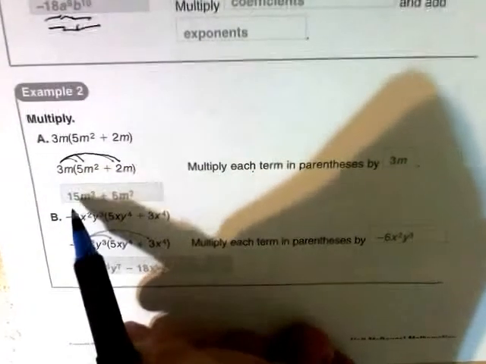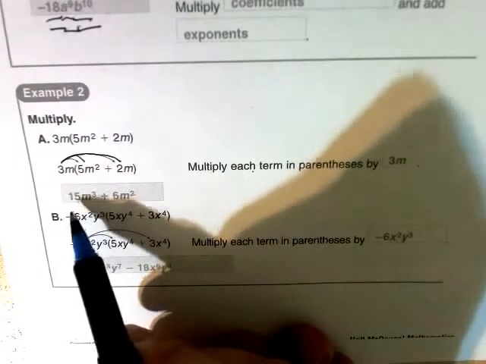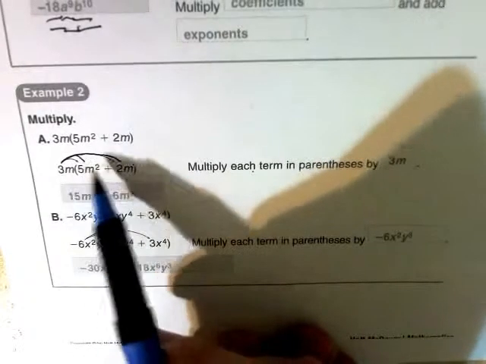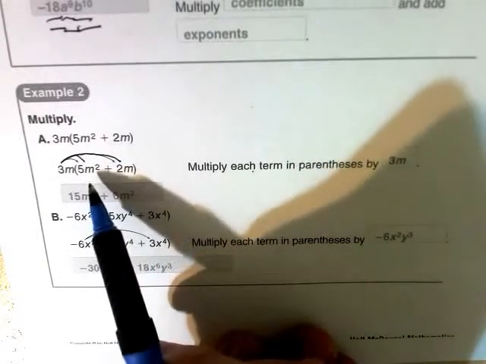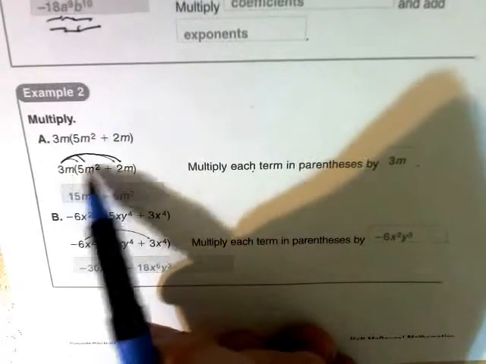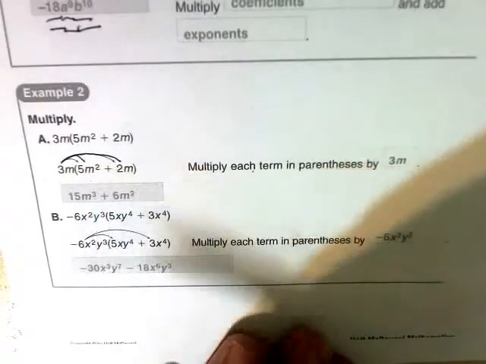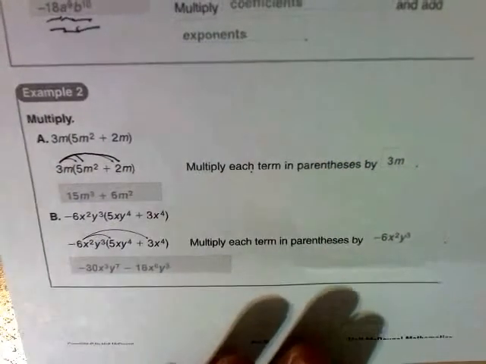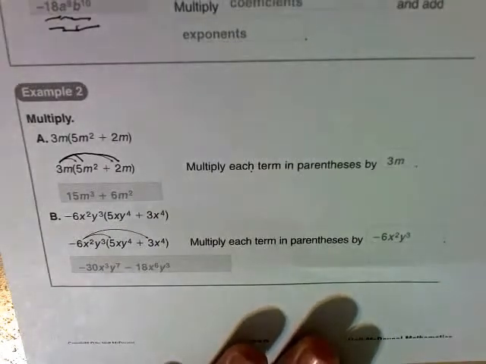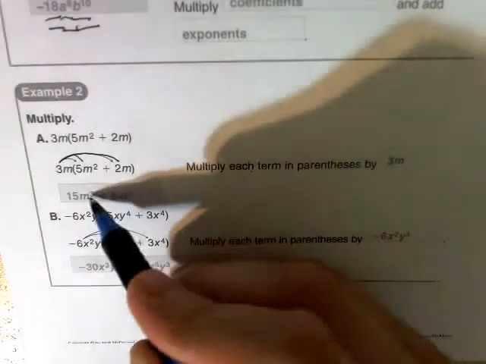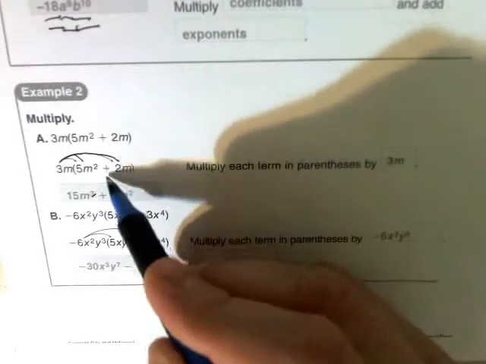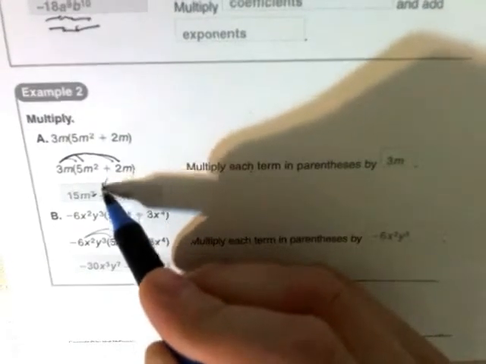Well, 3 times 5 is going to give me 15, as you can see. And then the m being multiplied by m squared is like m to the 1st being combined with m to the 2nd. As you saw on the last page, we add the exponents. So that's going to combine to make m to the 3rd, which is what you can see they wrote here. Then we've got our addition sign, which just drags down.